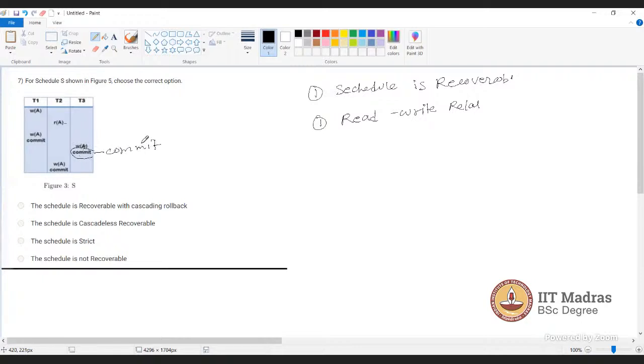Yes, sir. So if we fail at this point, then we will roll back to T1. We cannot roll back to T1 because T1 is already committed. No, just consider T1 and T2 first. Okay, sir.